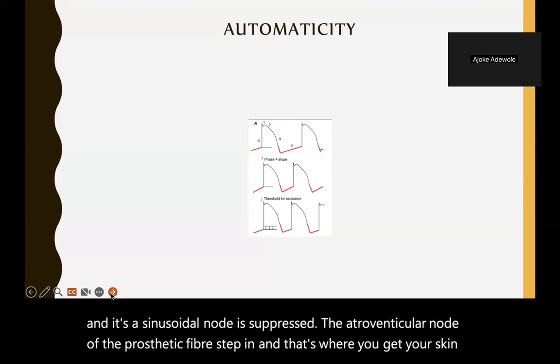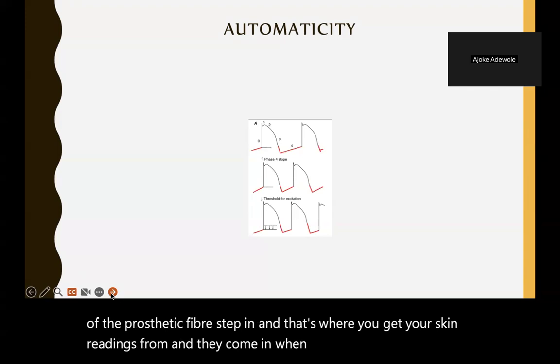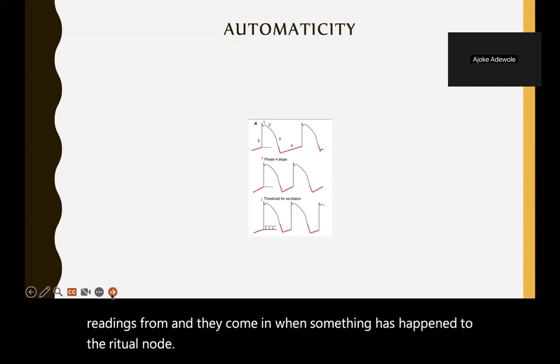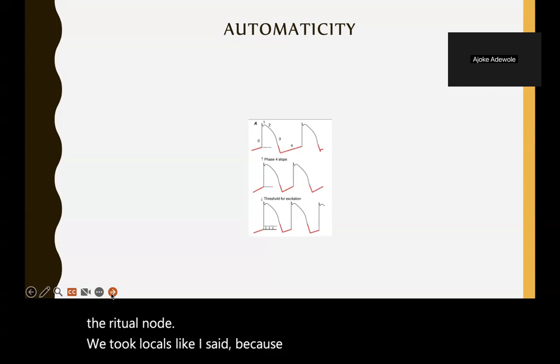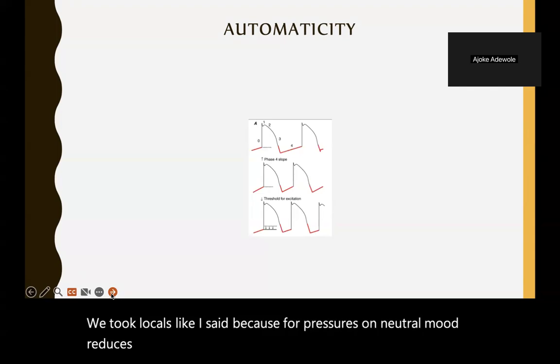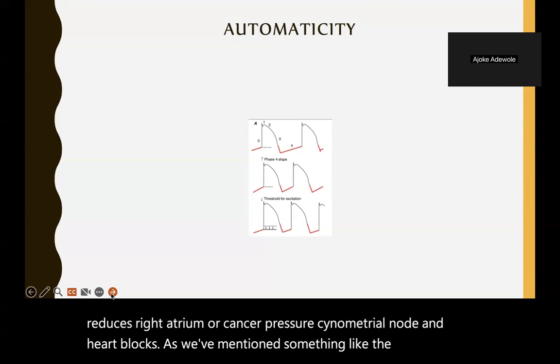They come in when something has happened to the sinoatrial node. Beta blockers, like I said, can suppress your sinoatrial node. A diseased right atrium can suppress it, and heart blocks, like we mentioned, something in the conduction, can suppress the sinoatrial node.